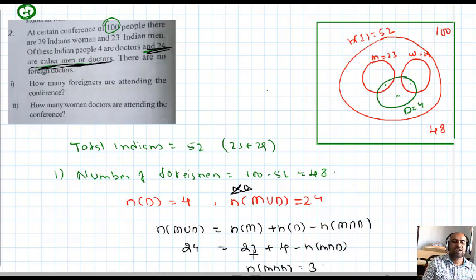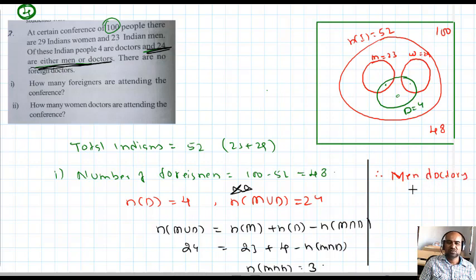What is the meaning of that? Men doctors are 3. Total doctors are 4. Men doctors are 3 means automatically women doctors are 1 only. I will write that. Men doctors equal 3.